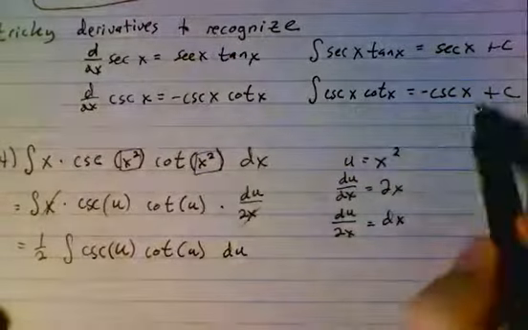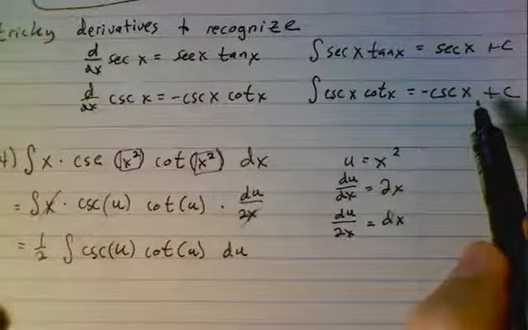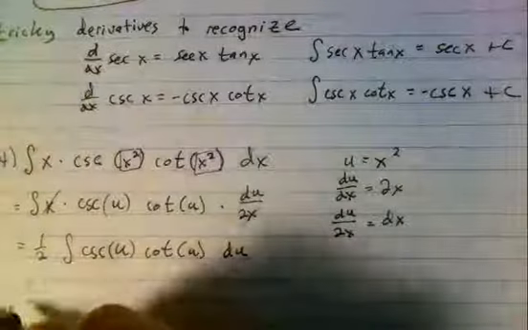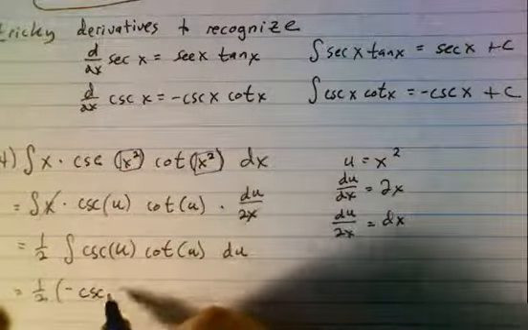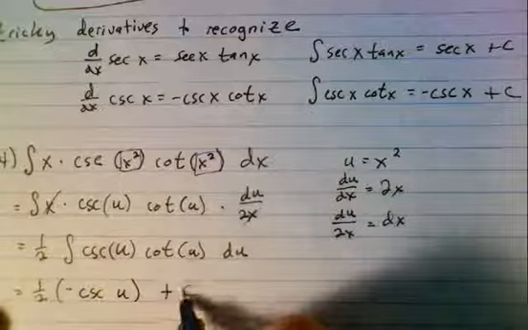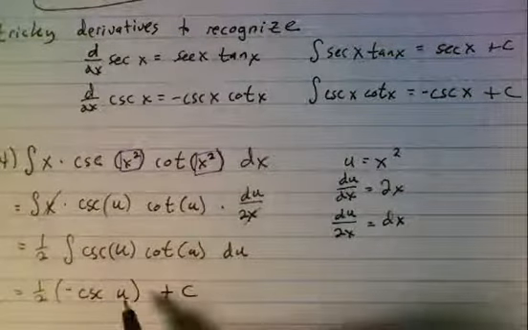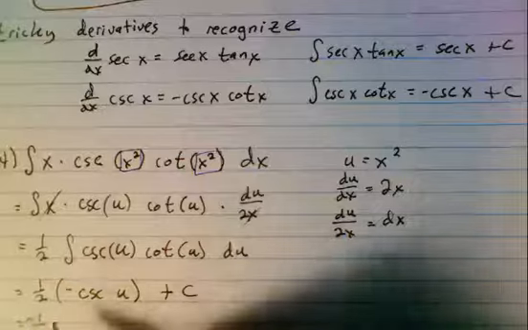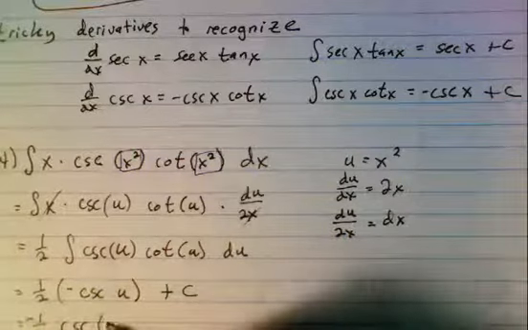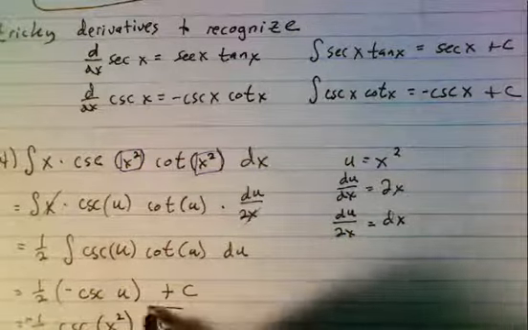Now this exactly matches something that we have a formula for. So all this is going to condense down into negative cosecant u plus c. And now we put our u back in. That's negative 1/2 cosecant x squared plus c.